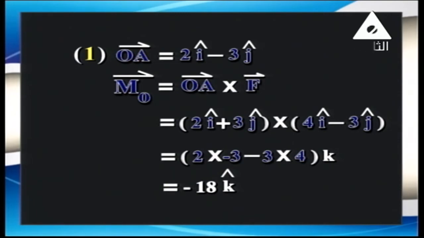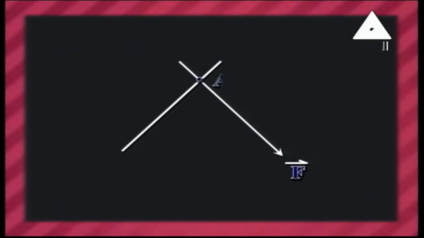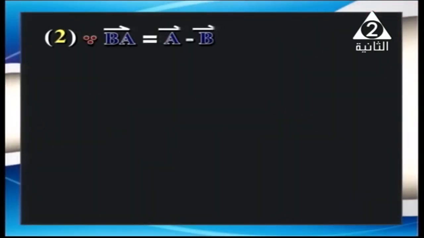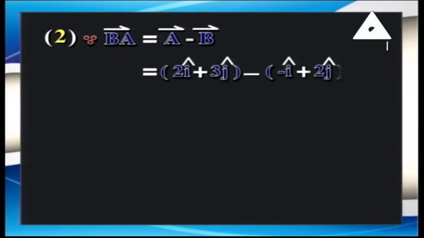Look, if we have force F acting on the body at point A (2, 3), then we find the vector BA, which is A vector minus B vector: 2i plus 3j minus B vector, negative i plus 2j, equals 3i plus j.